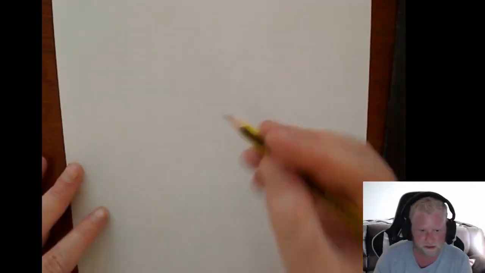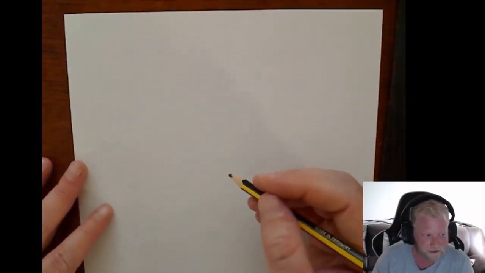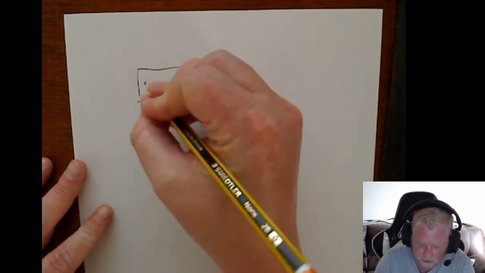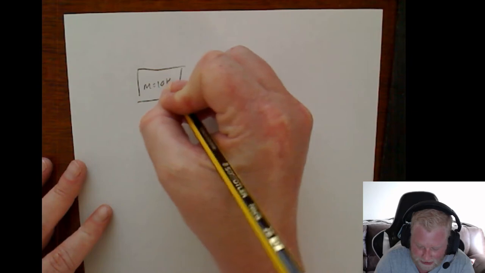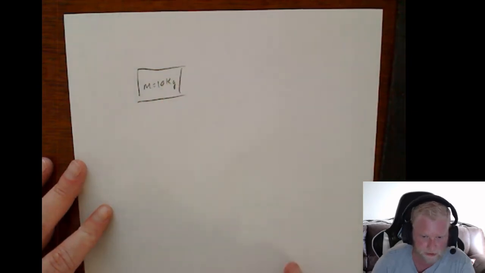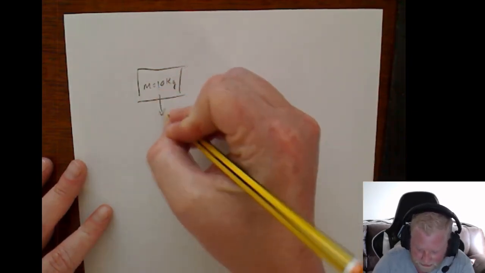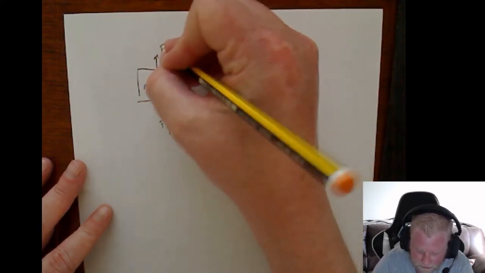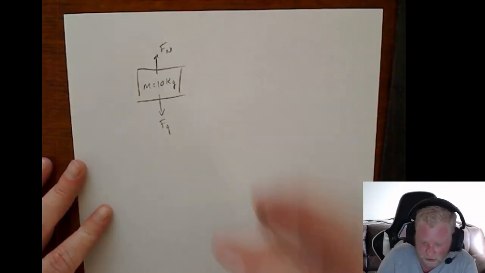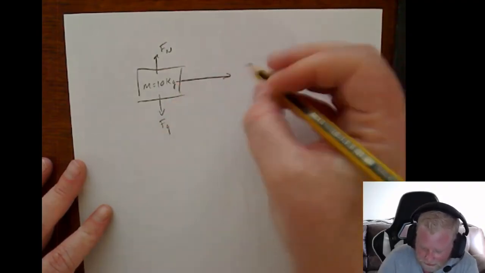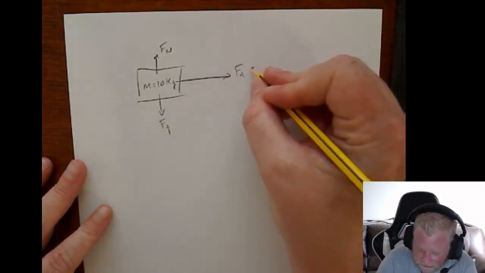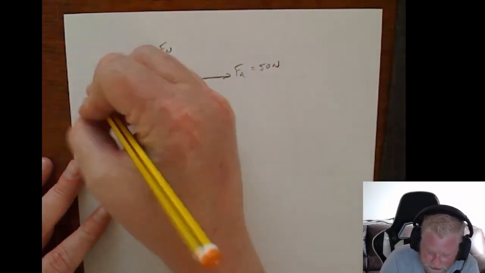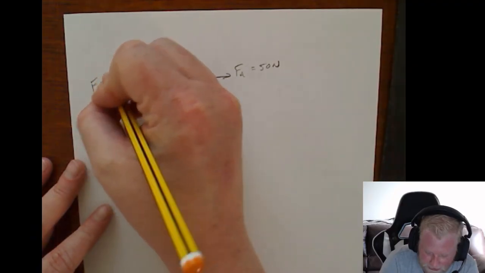So let's start, as we should start every force problem, with a free body diagram. Our object has a mass of 10 kilograms. We know there is a gravitational force acting on it, a normal force acting on it, an applied force of 50 newtons, and a frictional force of 10 newtons.